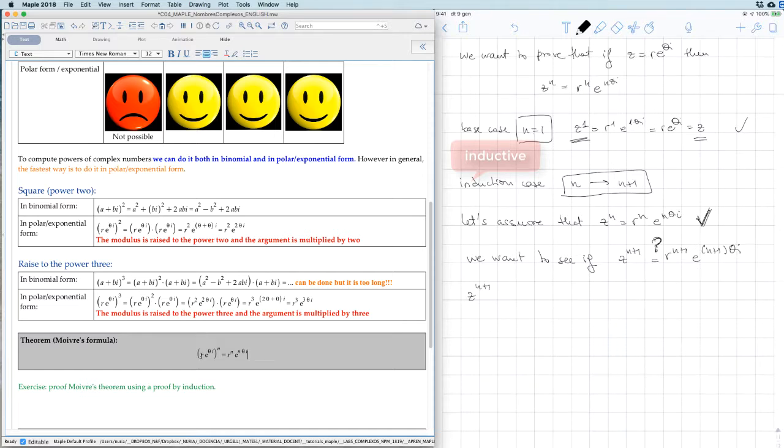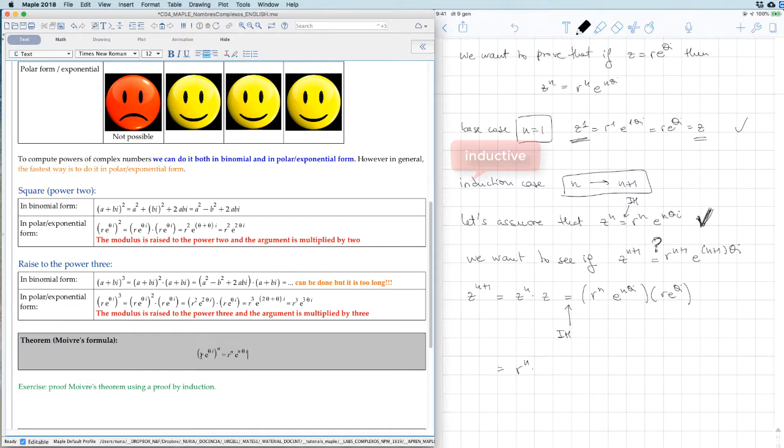Okay, so now z to the power n plus 1 can be written as z^n times z. And now, if we use the induction hypothesis, z^n can be substituted by r^n e^(n theta i). And now I'll multiply again by r e^(theta i). Okay? So now we have used the formula that we assume is true, and now we just have to join what we have.